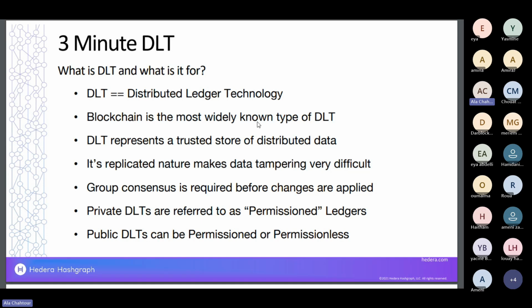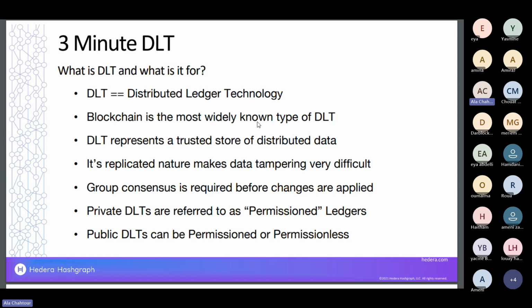And for the types of DLTs, we can say that there are two types. The first one is the private permissioned DLT, or private permissioned network. What do we mean by private network? When we say private network, it means that the access to the data is private, so only some users or some addresses have the ability to access the data.